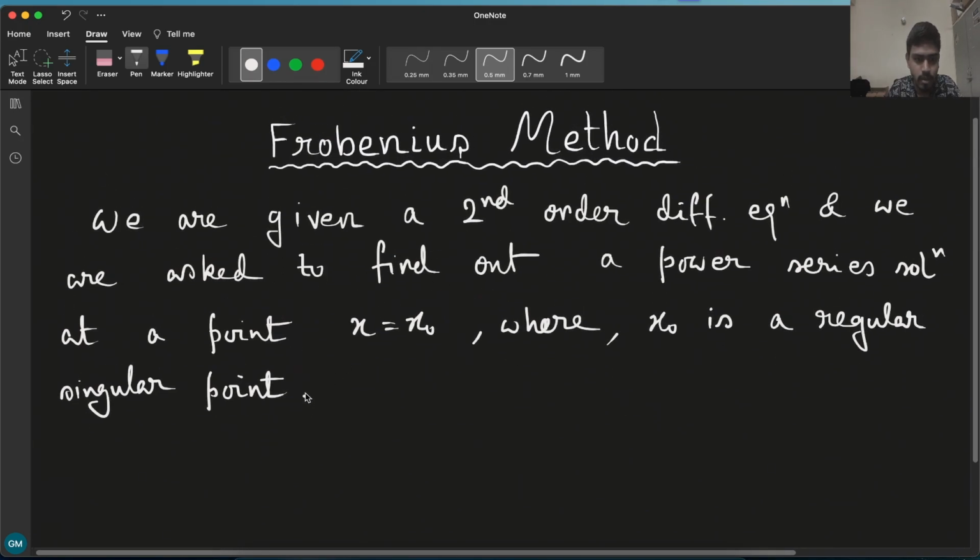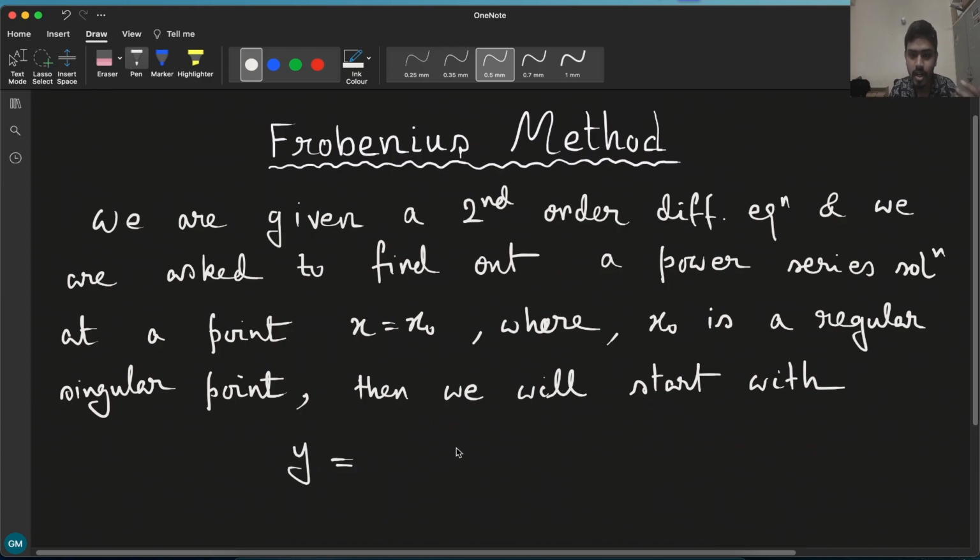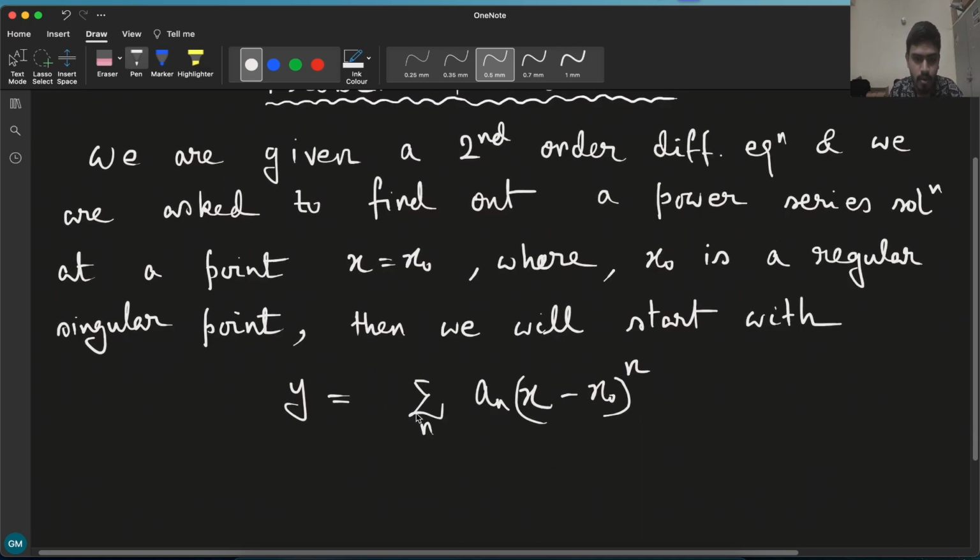Okay, so let me tell you what we should do if we are asked to find out such a power series solution. Instead of starting with y equals to sum over n of a_n times (x minus x naught) to the power n, we will start with y equals to sum over a_n times (x minus x naught) to the power n plus s, where n equals 0 to infinity.